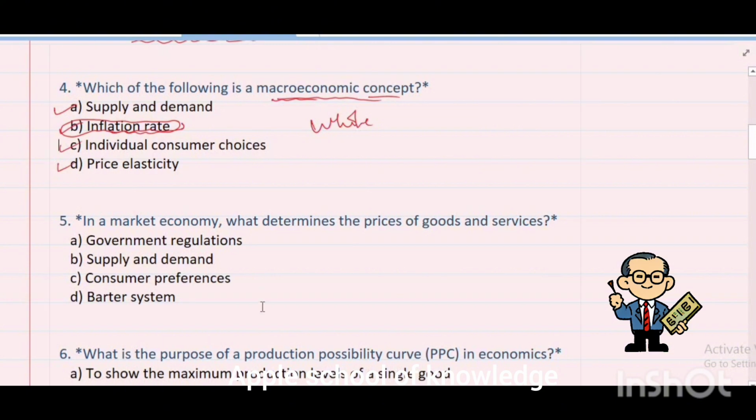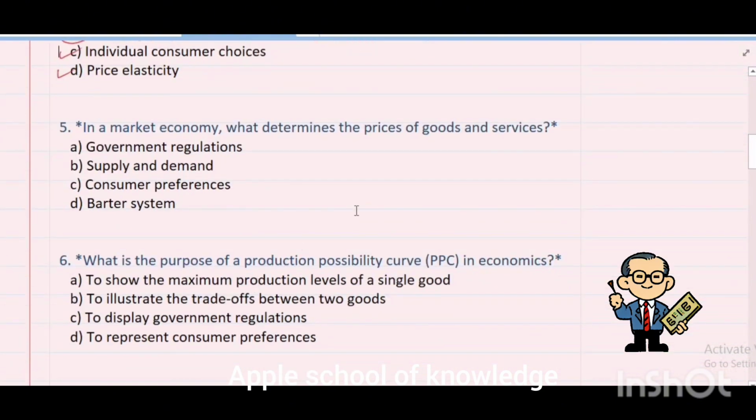Now let's move on. We have another MCQ, that is, in a market economy, what determines the prices of goods and services? So we have four options: government regulation, supply and demand, consumer preferences, and barter system.